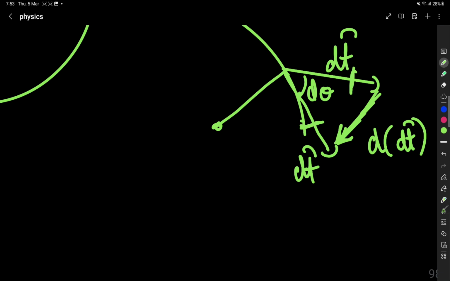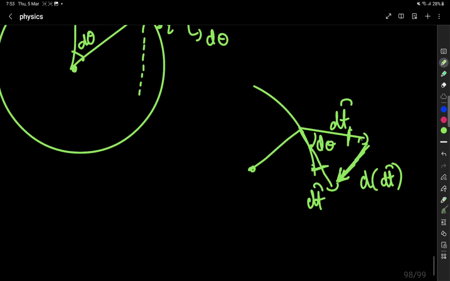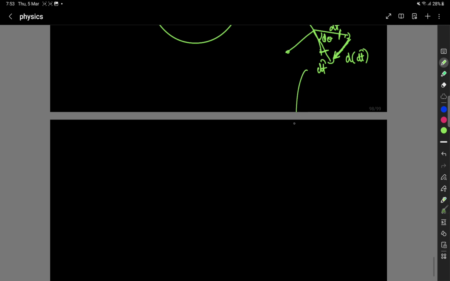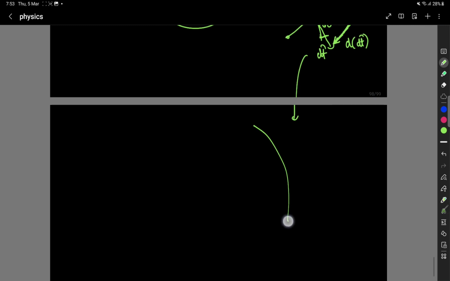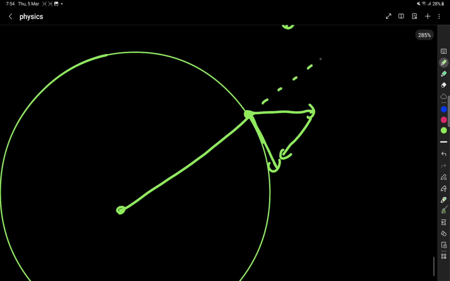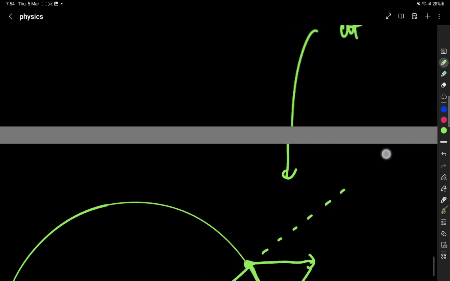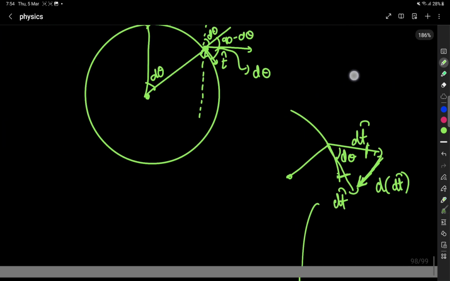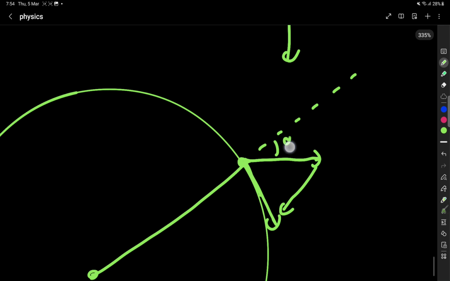Since these two are 90, the angle made with this vector was 90 minus d theta, and this angle will also be 90 minus d theta.